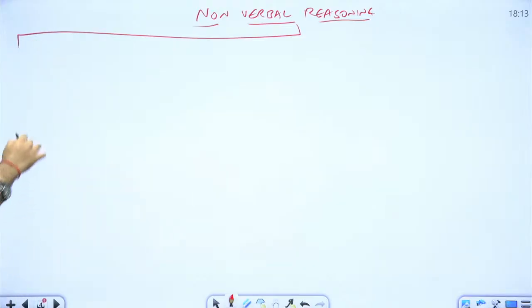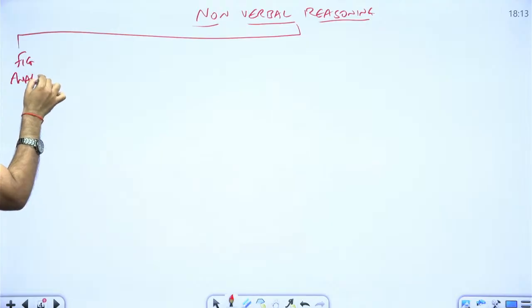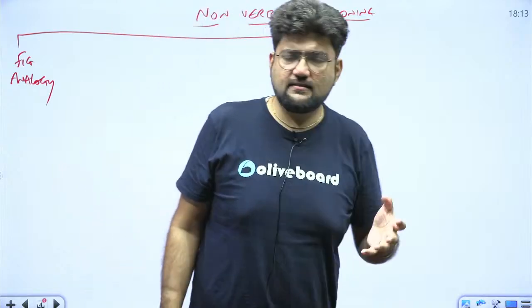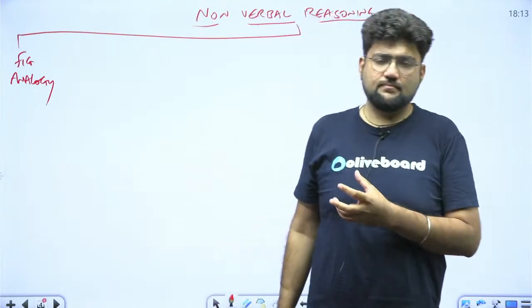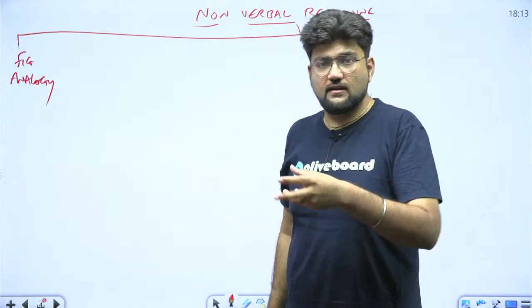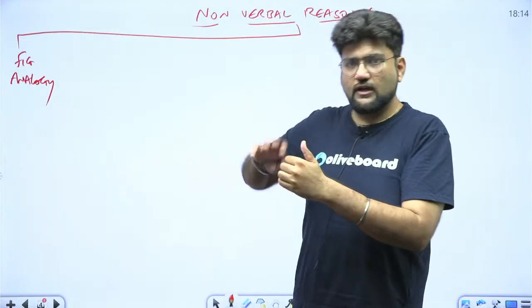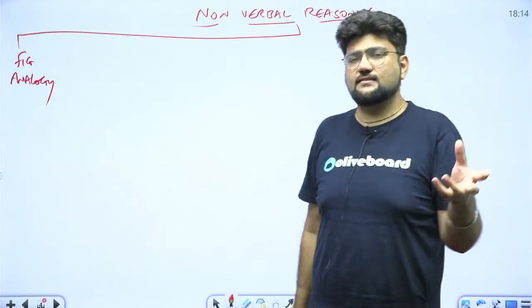Topic number 1 is figure analogy. Like we have word analogy, letter analogy, number analogy, it talks about relationship. If one thing is related to the other in a certain way, identify that pattern, apply that pattern to a third thing so that you get the fourth one as the answer. Mostly that's how it works.